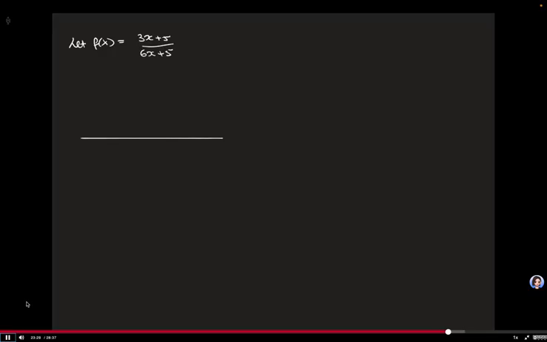We have a vertical asymptote if we divide by 0. So maybe we can calculate that first. If 6x plus 5 equals 0, then we are in trouble, right? Because then we divide by 0. So 6x equals minus 5, x equals minus 5 divided by 6.